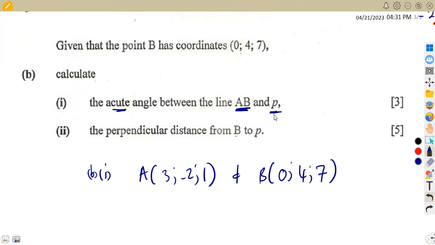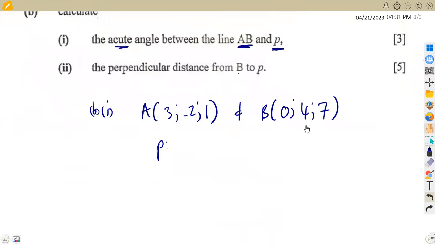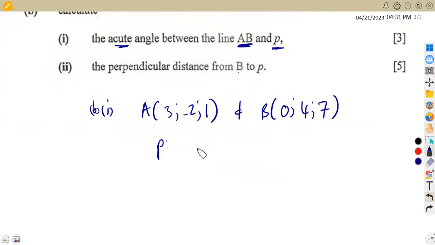Then P is the plane that we are given, as r dot 2, 4, 3, which is equivalent to 1. So if we are to consider an angle, which is the acute angle, what is the formula?